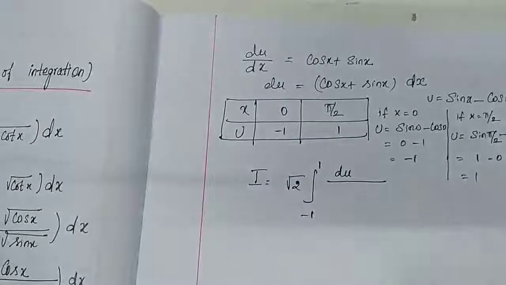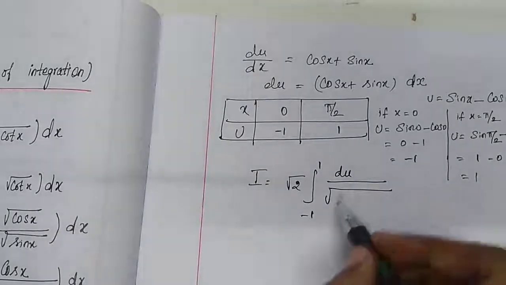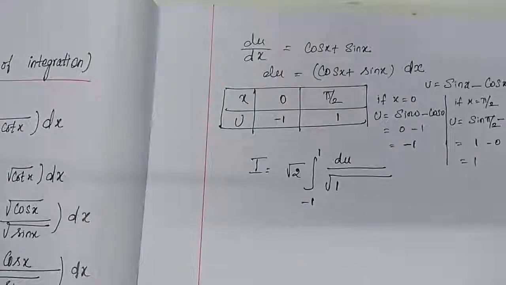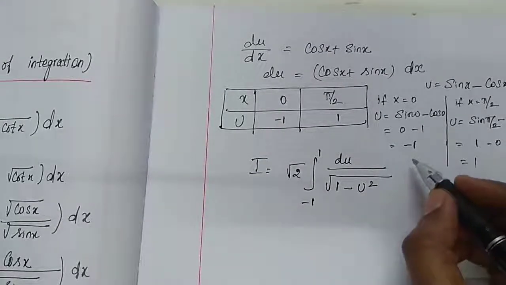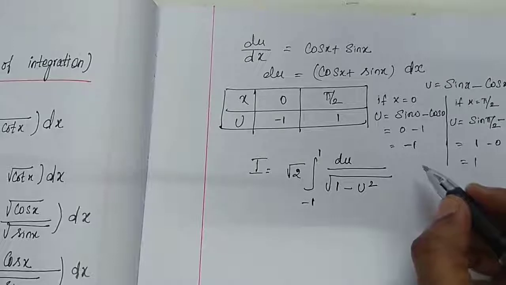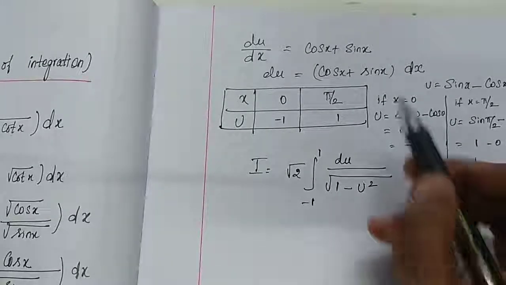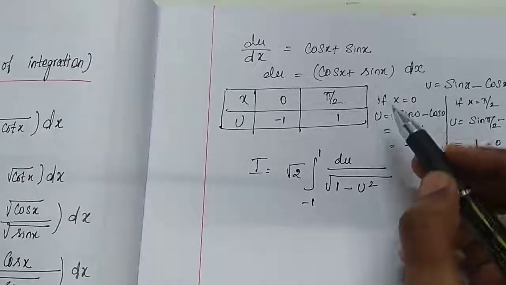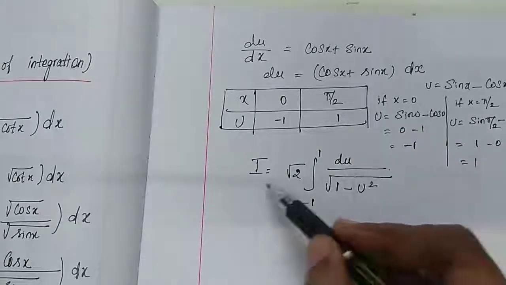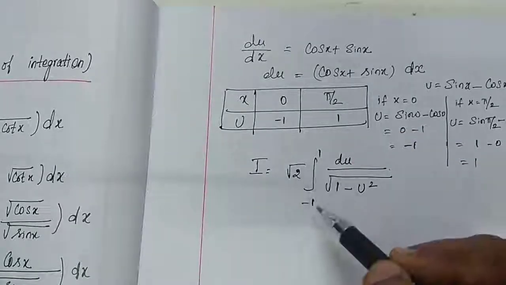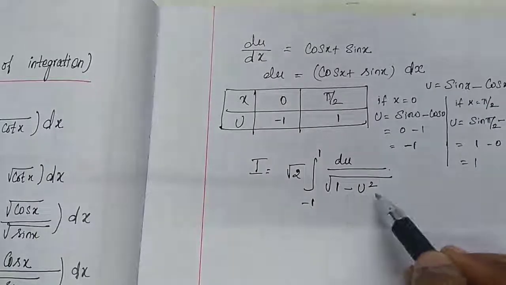The root of 1 minus (sin x minus cos x) the whole square is 1 minus u square. So our integral I is equal to root 2 times the integral from minus 1 to 1 of du by root of 1 minus u square.